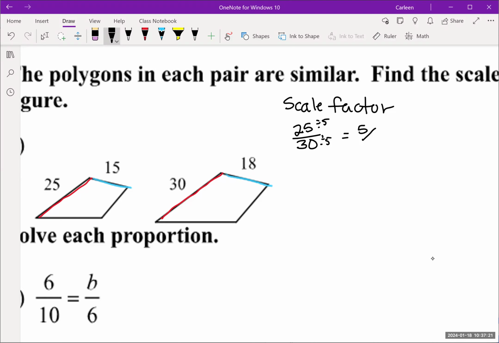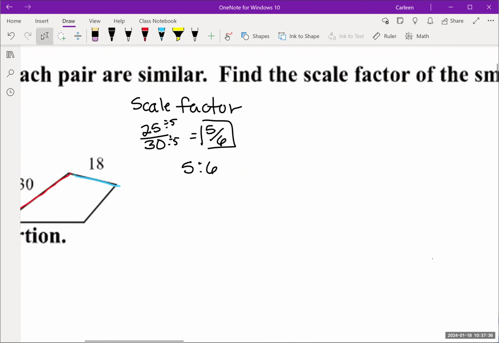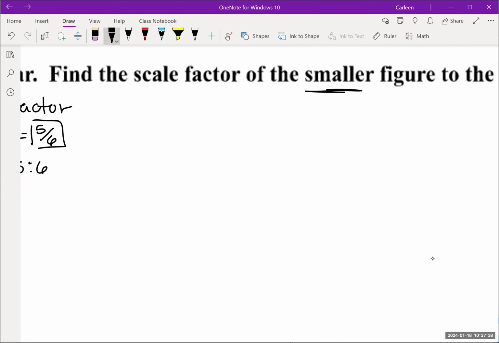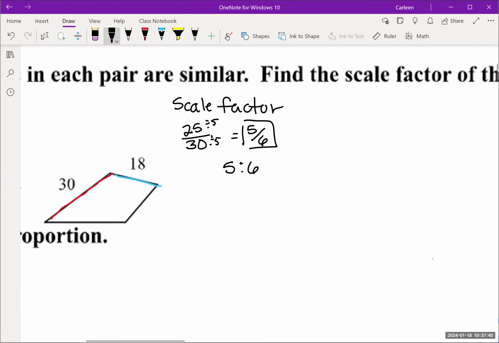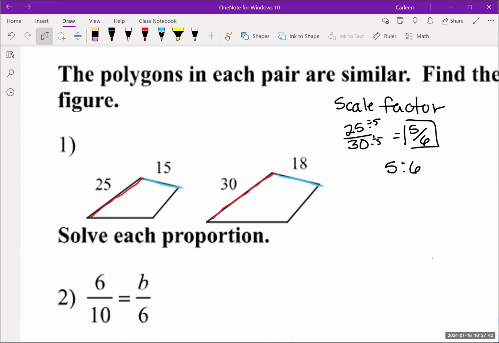Five over 6, or 5 to 6. Sometimes scale factor we put using a colon. Okay, so that is scale factor, and it told us small to large. All right, we're going to go on to the next one.